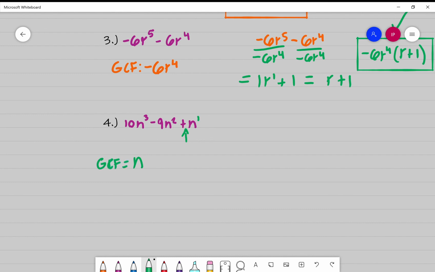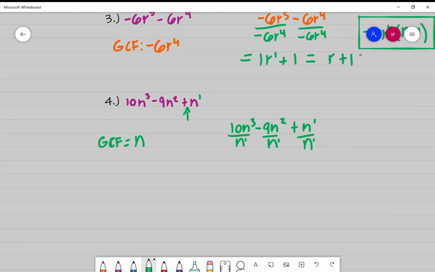Alright, so again, we're just going to rewrite the original problem and divide every single term by n, or our GCF. 10n to the third, so all of these have n to the first. When we divide exponents with variables, we subtract their exponents, so there's an understood 1, 1, 1. Alright, 10 divided by 1 is 10.